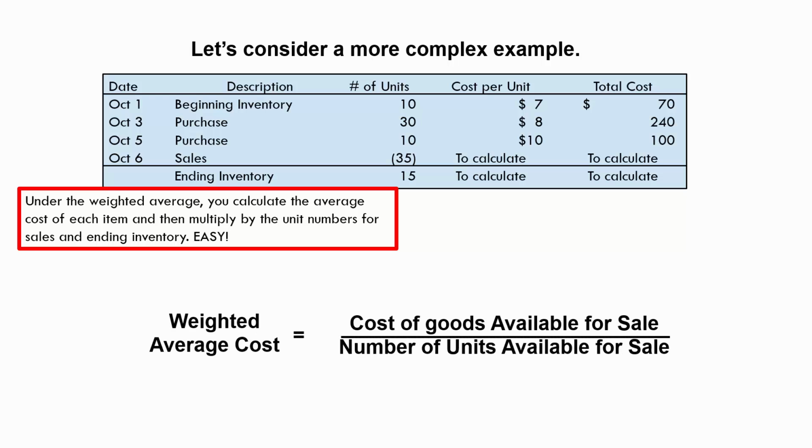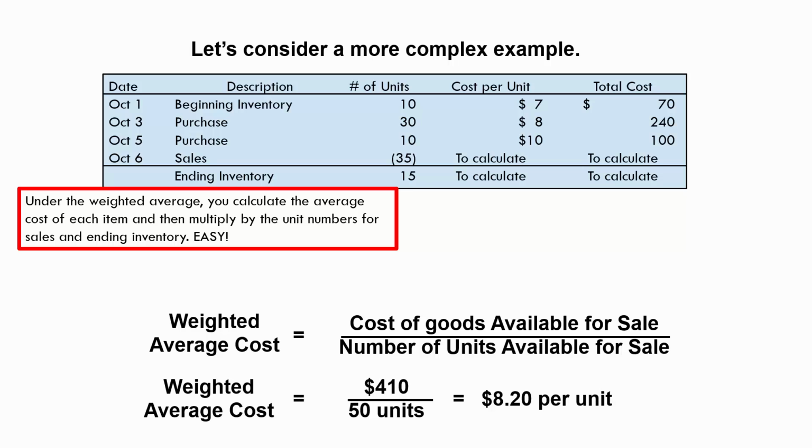So to work through this problem, we take 410, which we again said was our goods available number, and we look up here and our goods available in units again is 10 plus 30 plus 10, or 50. So it's $8.20 per unit. So you have to not average these numbers.